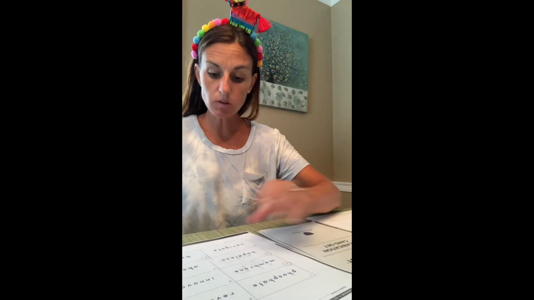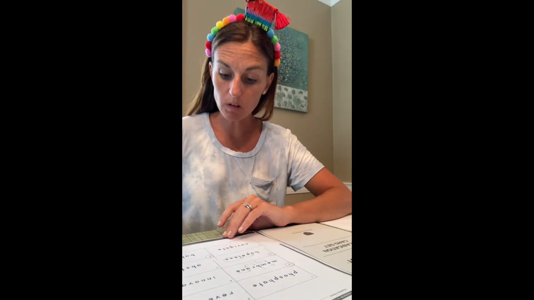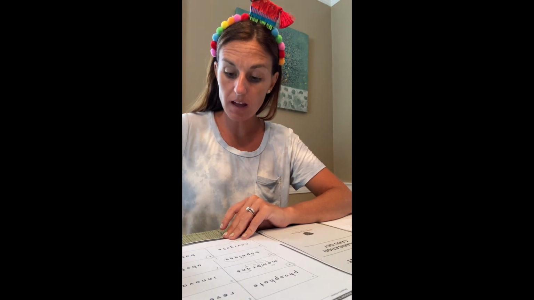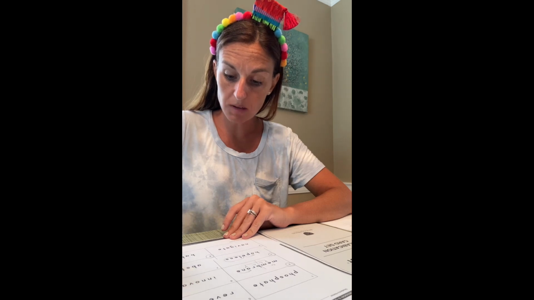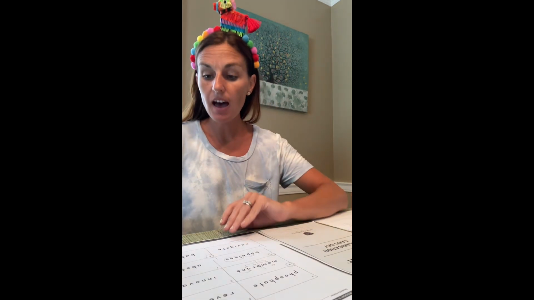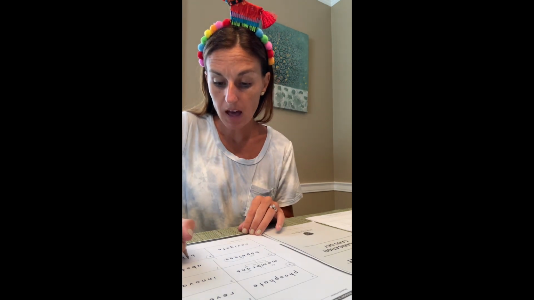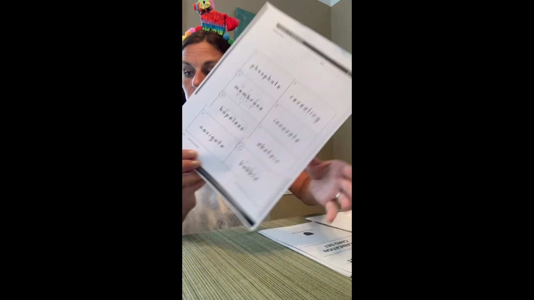Okay, and then my last one that I chose was babble. And babble has 2 syllables, but it has the bull sound, the BLE. So I'm just going to circle the BLE. It doesn't have a VCV pattern, so I don't have to list that. And bab is a closed syllable.